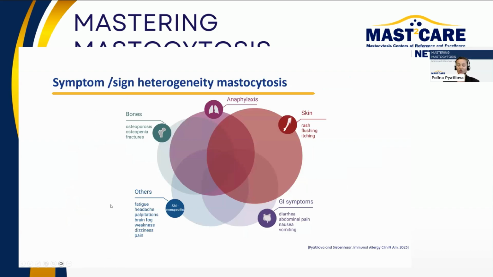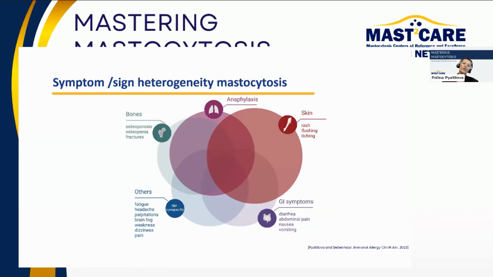And here comes the challenging part, because this is a very heterogeneous disorder. We know that there are many symptoms which the patient can experience. Every second patient could experience anaphylaxis. Most of the patients have skin involvement, because we can also easily see this.